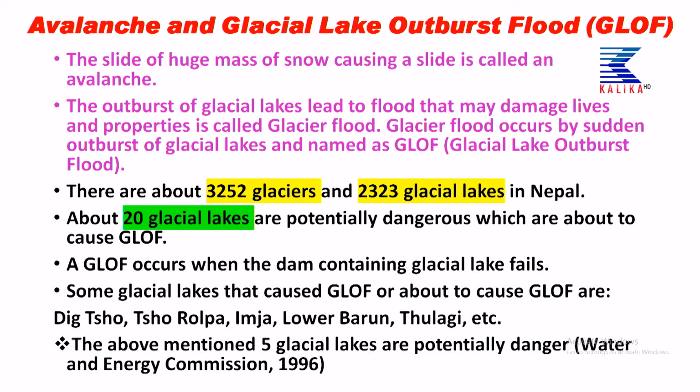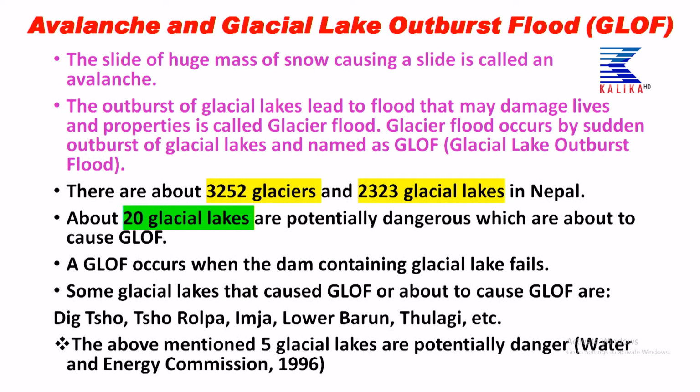Okay, what does it mean? So have a look at that point. About 20 of the glacial lakes are expanding. They are having a lot of water beyond their capacity, and the dam or the supporting basement is not going to support anymore. It means it is going to fail, so that the water from that lake may suddenly outburst, causing a flood.